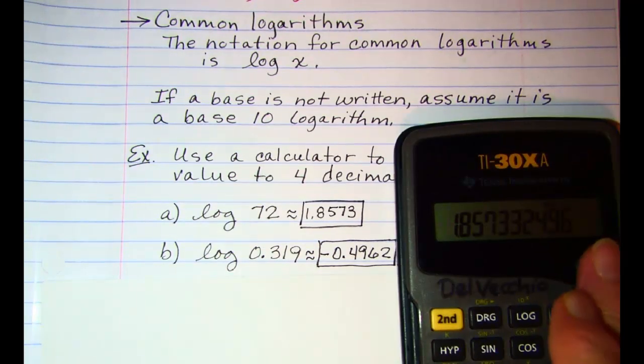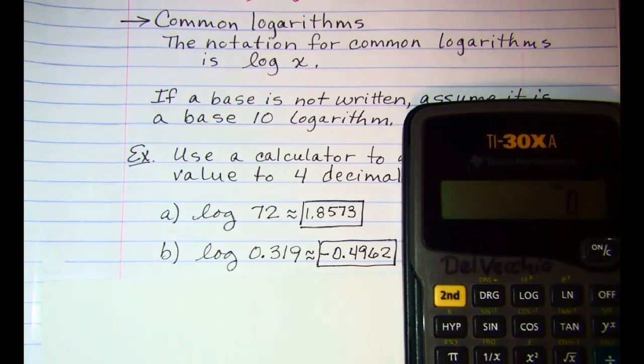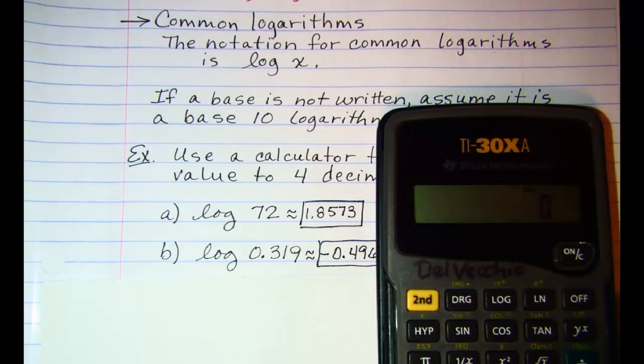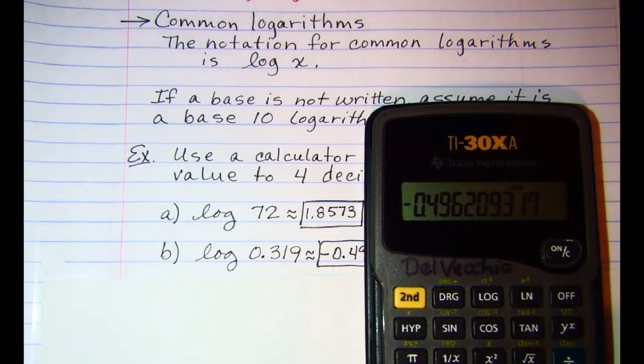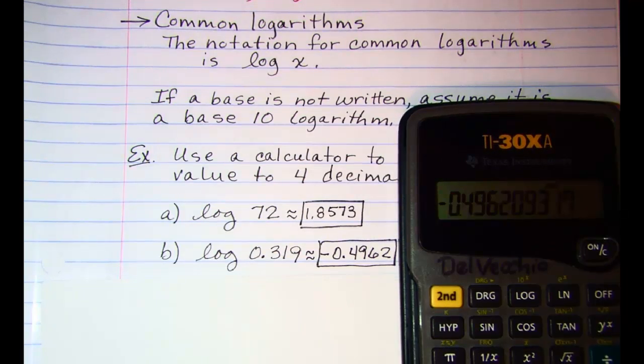On this one, we want to enter the argument first, so 0.319, and then hit the log key, and we get the same result, negative 0.4962.